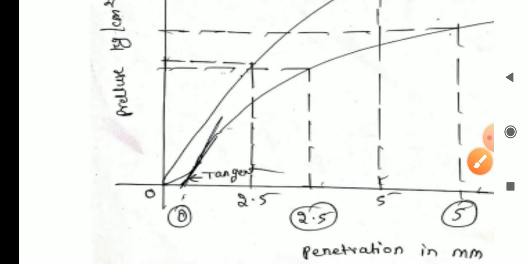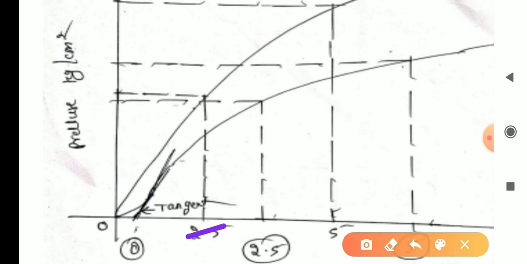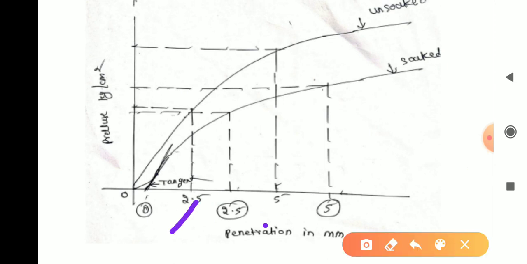In unsoaked, for 2.5 and 5 mm penetration, we calculate how much load value we get.